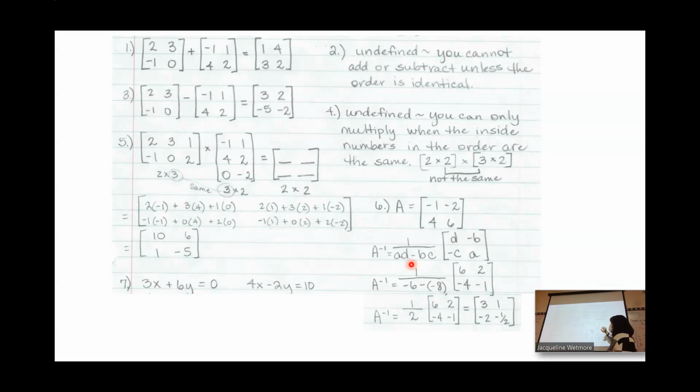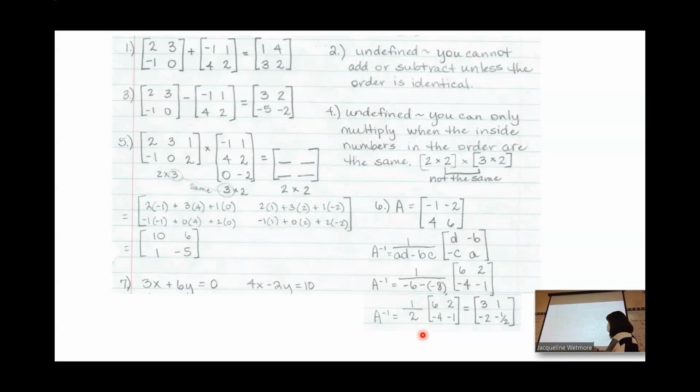All right, so for ours, A times D would be -1 times +6, so that would be -6 minus 4 times -2, so -8. So that's where we're getting this denominator right here, -6 minus -8. So -6 minus a negative, that'd be -6 plus 8, so that denominator would be 2. My determinant would be 2.